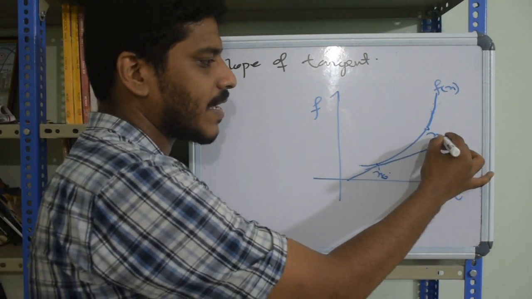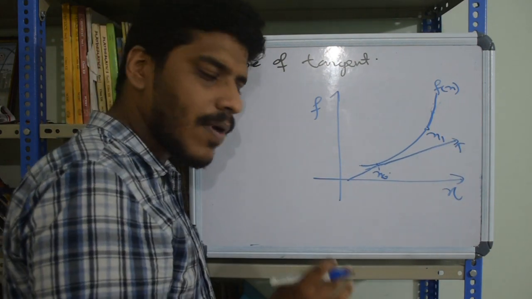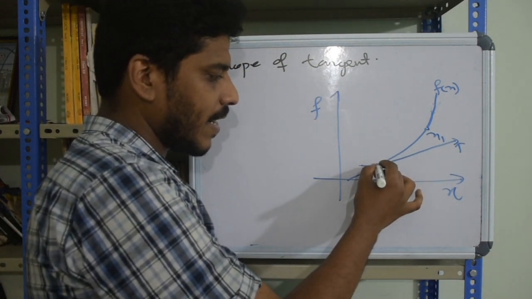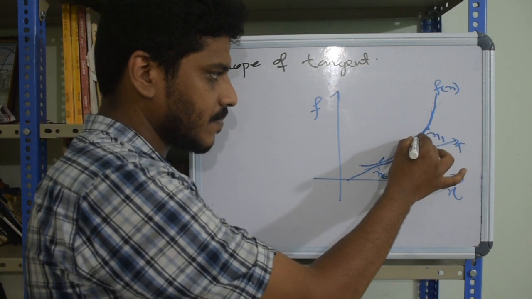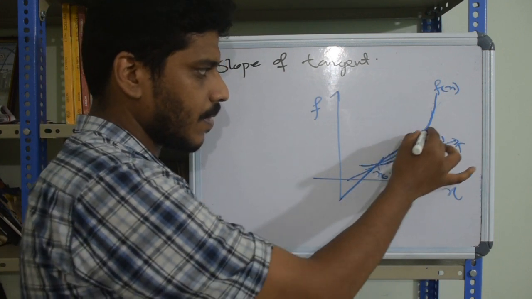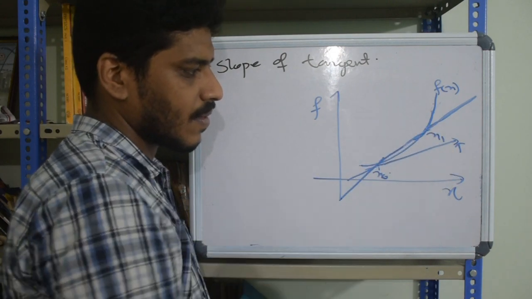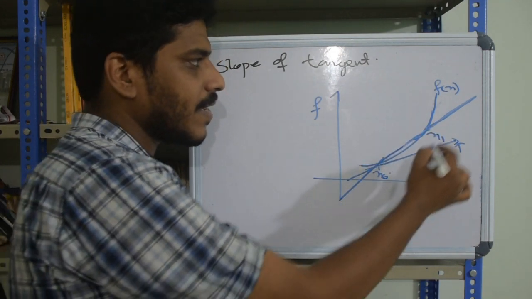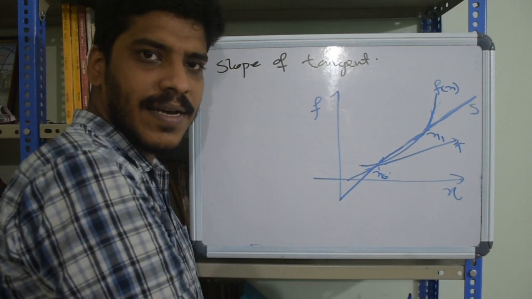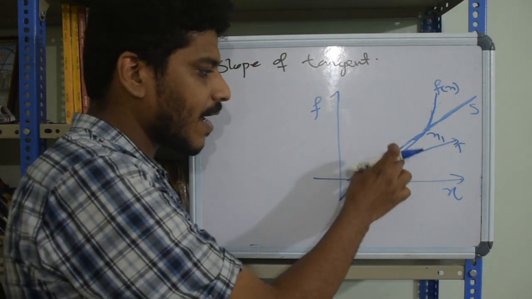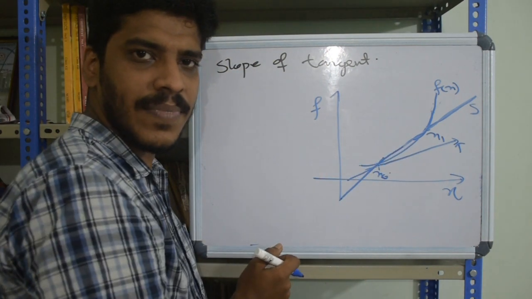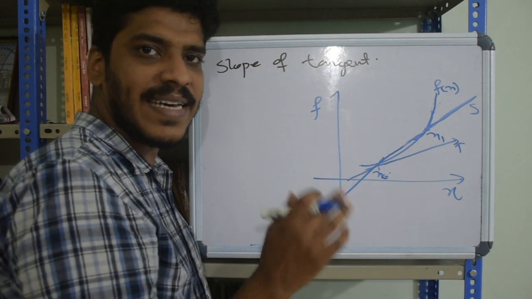Say I have another point x1 here. And now I draw a line connecting these 2 points, which does not intersect the graph anywhere else. Right. So the new line, I call it S, is a line intersecting the graph exactly twice. Such a line is called a secant line.